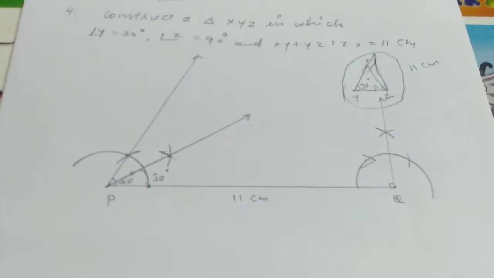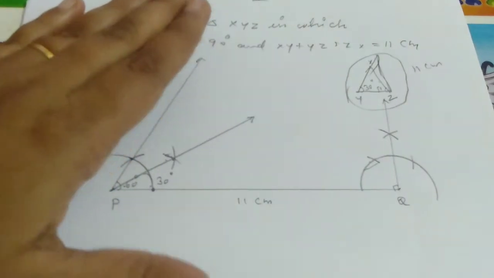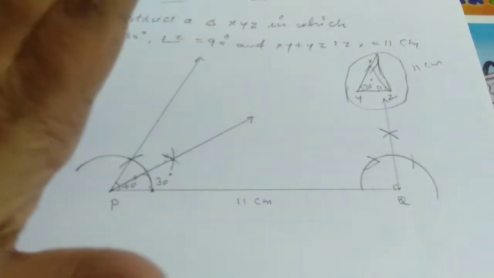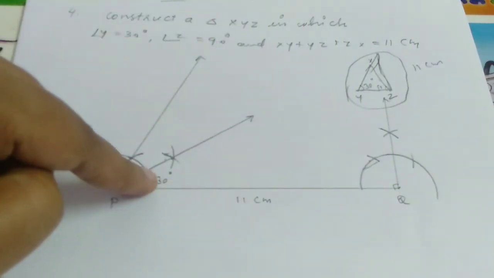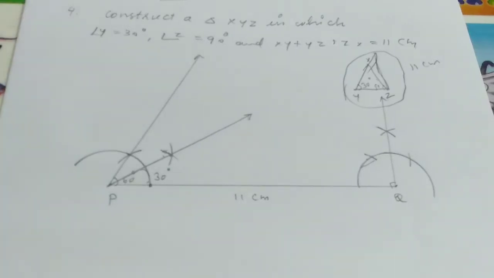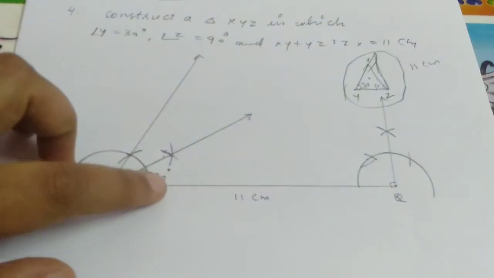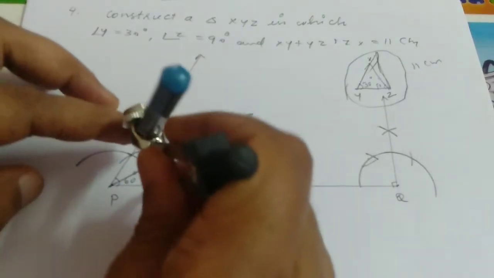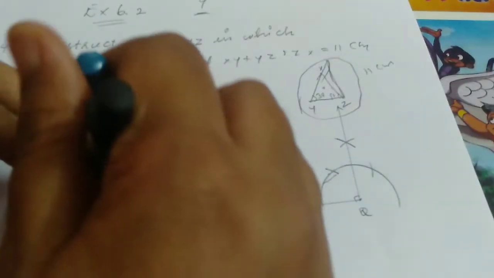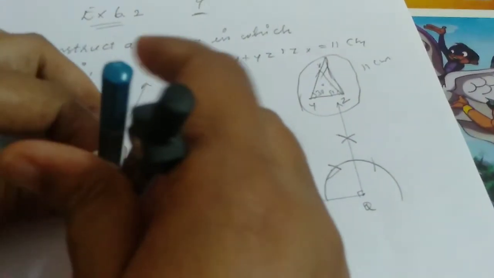Afterwards, what are we going to do? We should bisect the angle. The actual angle is not 60. 60 is the supporting arc for the 30 degrees. The actual angle is 30 degrees. In this 30 degrees again you should bisect. Measure this arc length, very small.